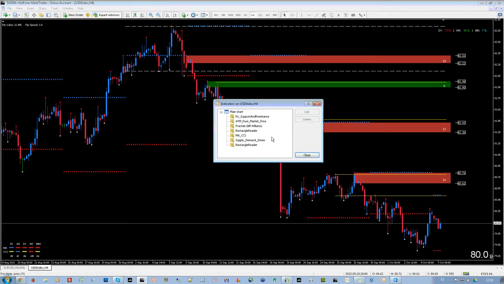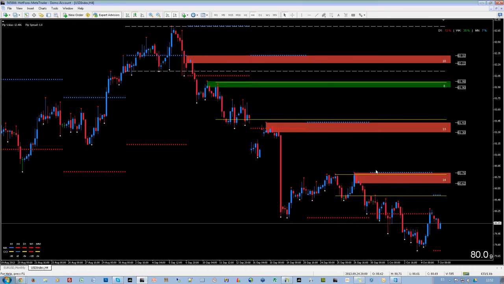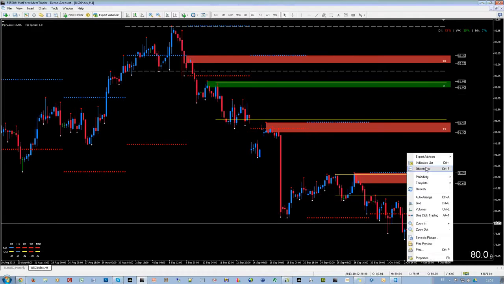Let me do this. Up indicators, supply and demand zones, no rectangle reader. Let me show through the trend lines, 2 levels above and below current price on the indicator. So I don't know where that level is located. What the hell happened here? It doesn't work. Let me see.